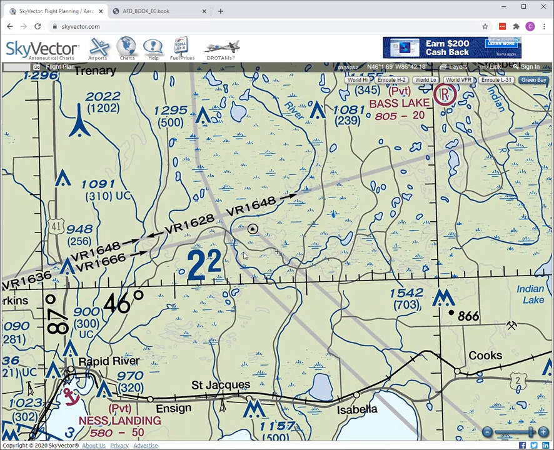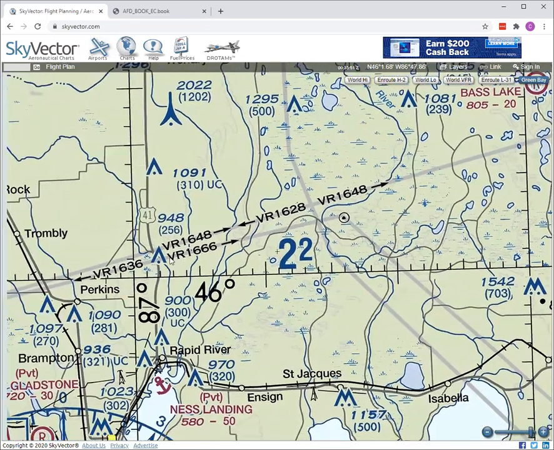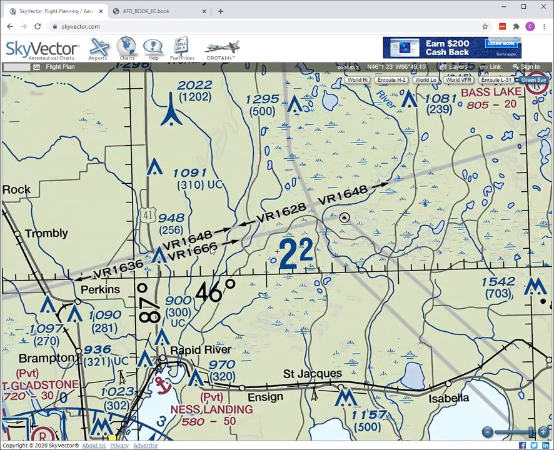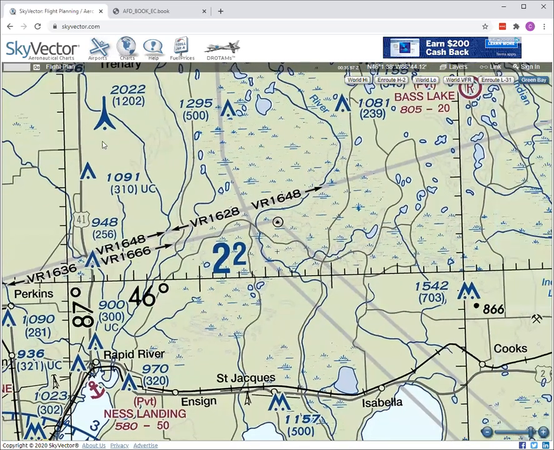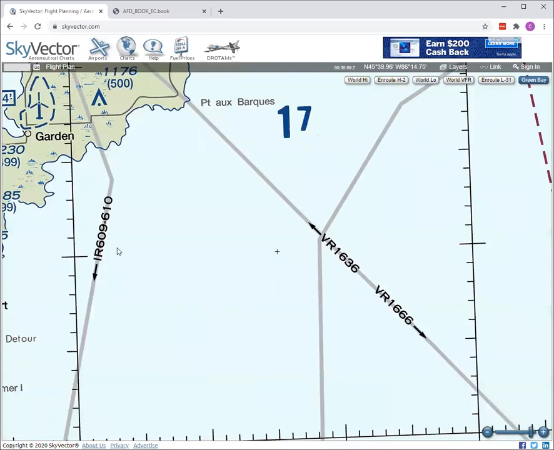VR meaning visual, and IR meaning instrument. These are used by the military for different purposes, and they each have their own designation. So we have VR 1666 and VR 1648, and these cross all over the place.